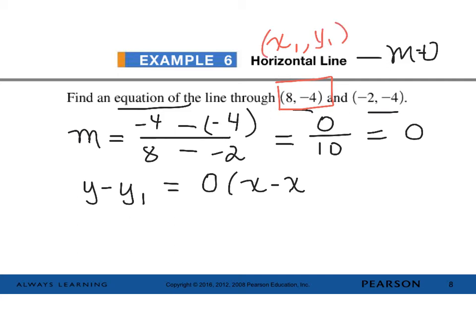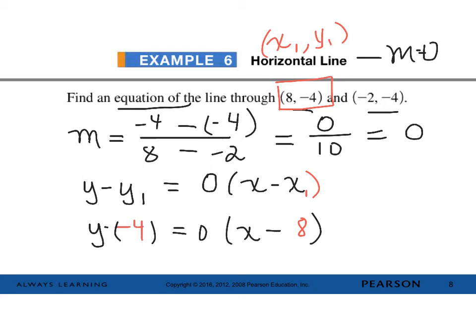That means that this x1 is going to be 8, and this y1 is going to be negative 4. So we have y minus negative 4 is equal to 0 times x minus 8.